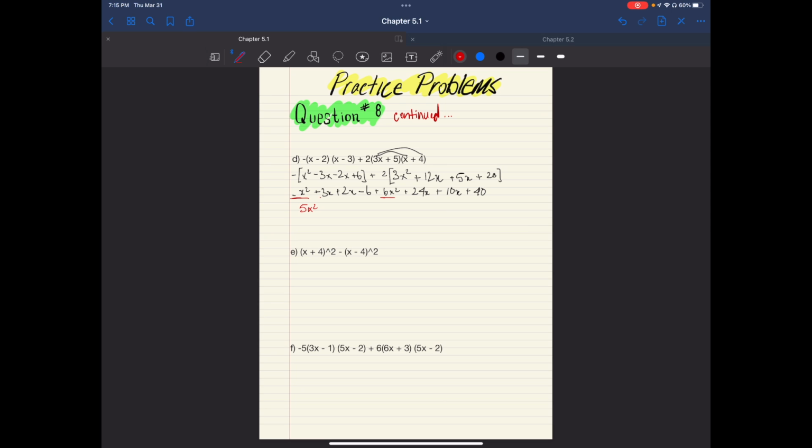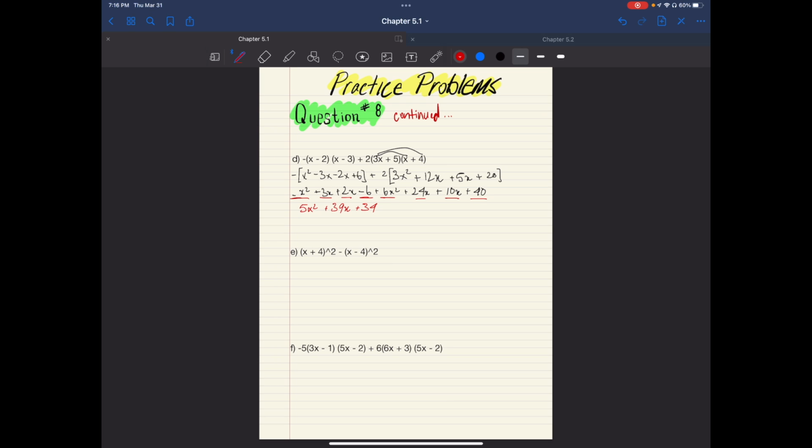Let's do our x's. 3 and 2 is 5, and 24 is 29, and 10 is 39. And let's do our constants. 40 and negative 6 is positive 34.